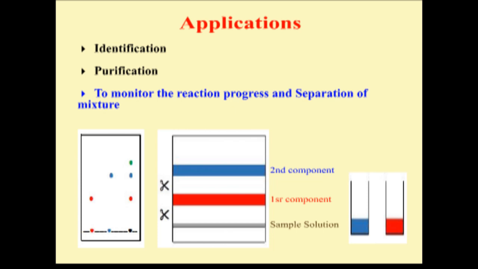And after that, we cut the plate and those portions will be transferred to a beaker in which they are dissolved in solvent, filtered, and after evaporation of the solvent we get two separated quantities. So that way it can be used for separation also.